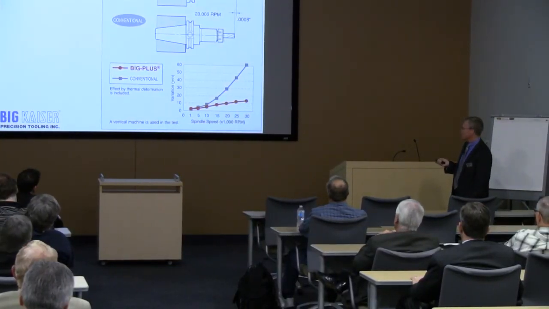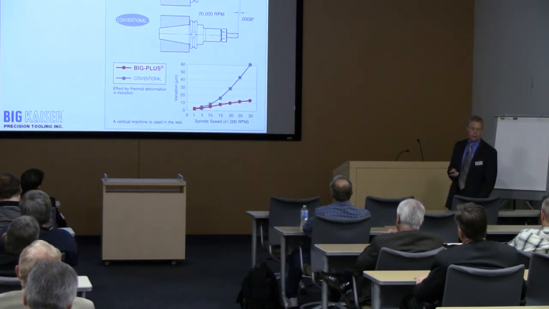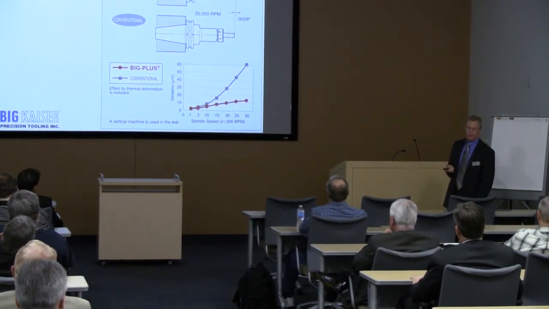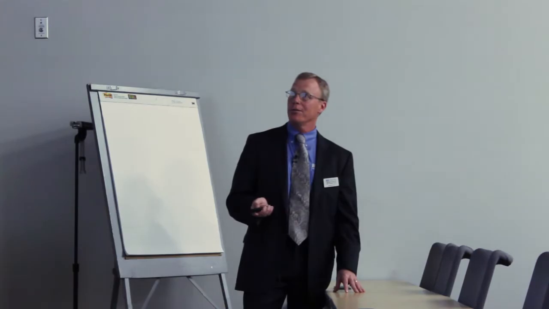Whereas the conventional tool, taper contact only, is going to keep drawing itself in deeper and deeper. And you're going to lose as much as 1/1000th of an inch on your Z-axis height. So when you're trying to profile at high speeds, you see that you're not able to control depth. This is the reason for it. You're not able to control your reliability.